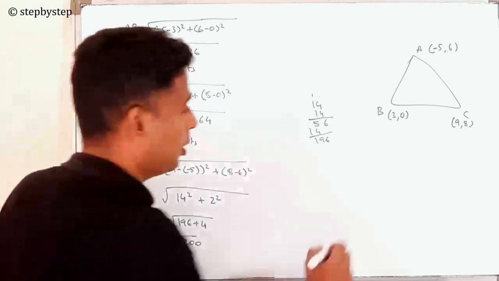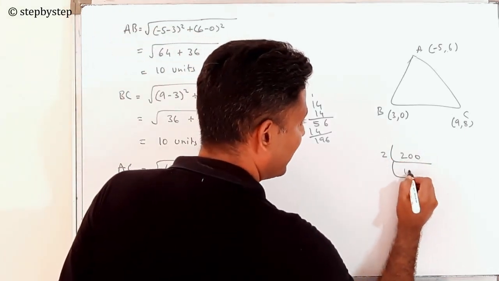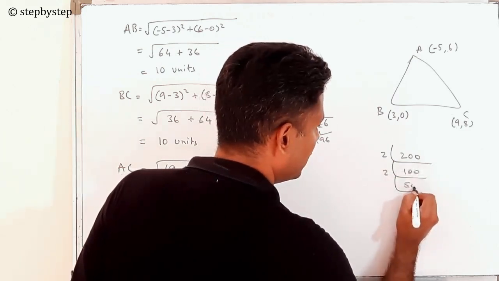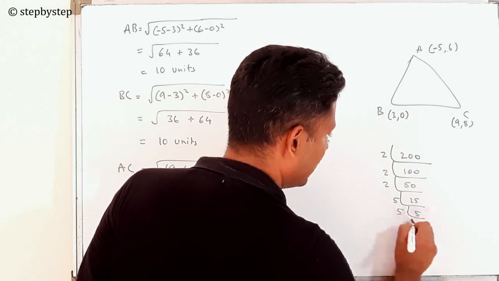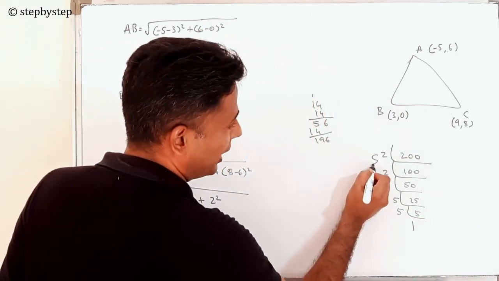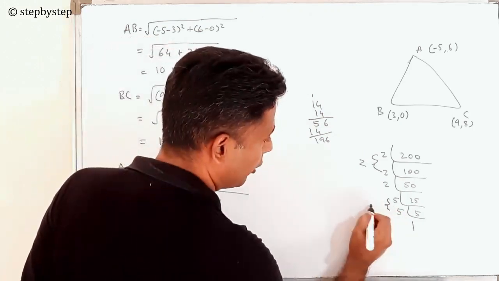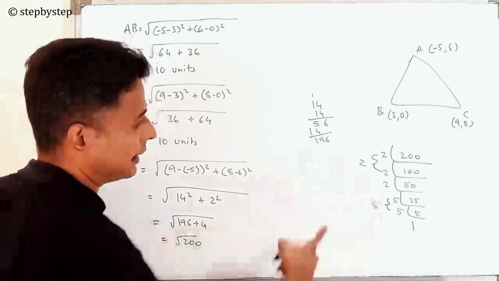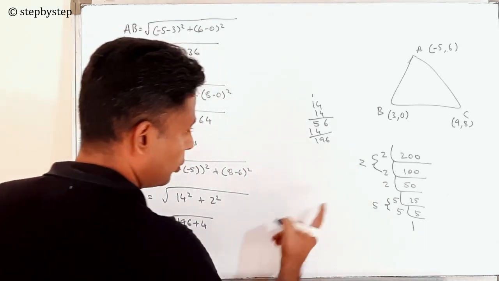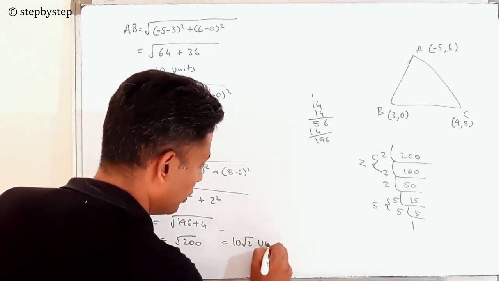No. We have to prime factorize. So 200, 2s are 100, 2s are 50, 2s are 25, 5s are 5, 5s are 1. Now we have one pair of 2 which will come out and become a single 2. We have one pair of 5 which will come out and become a single 5, and 1 2 will remain inside. So what comes outside? 2 into 5, that is equal to 10 root 2 units.